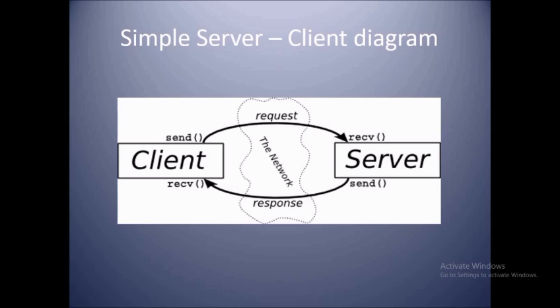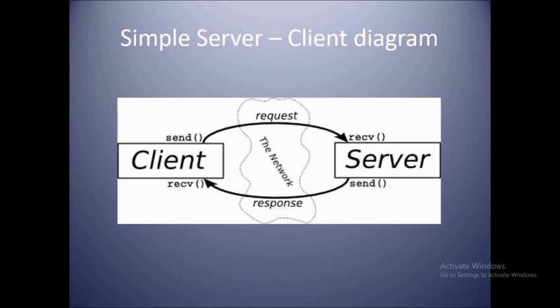This is a diagram of a simple server-client model. Our internet also works on this principle. It is a very simple diagram, for explanation purposes only. You can see here there is a client and there is a server. At first, the client makes a request to the server, and the server receives the request and sends the required data or response to the client.